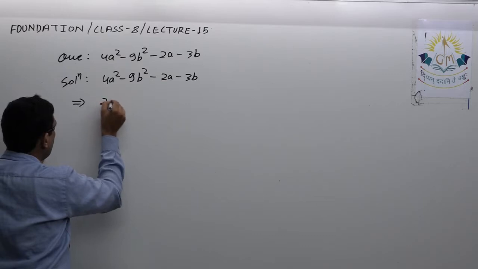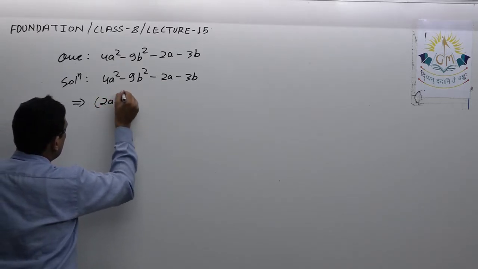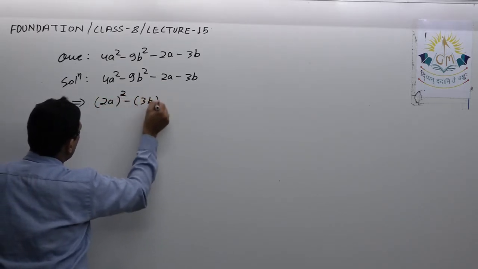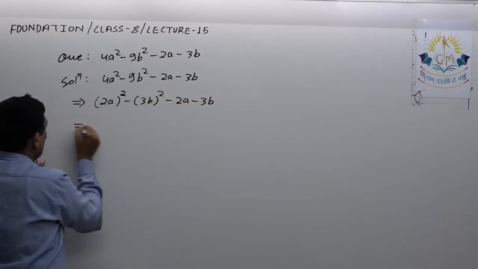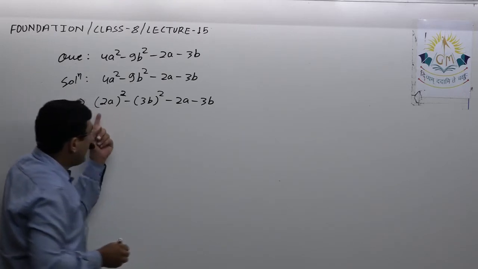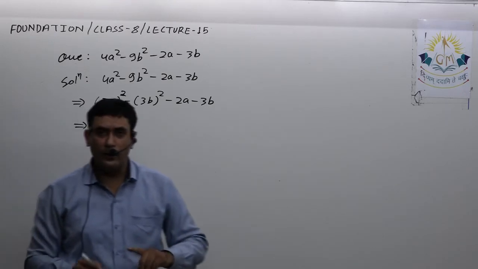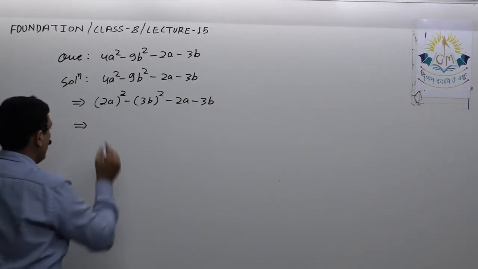So here I can write it as 2a whole square minus 3b whole square minus 2a minus 3b. Okay, so now here I can apply the identity of a square minus b square, that is a plus b multiplied by a minus b.